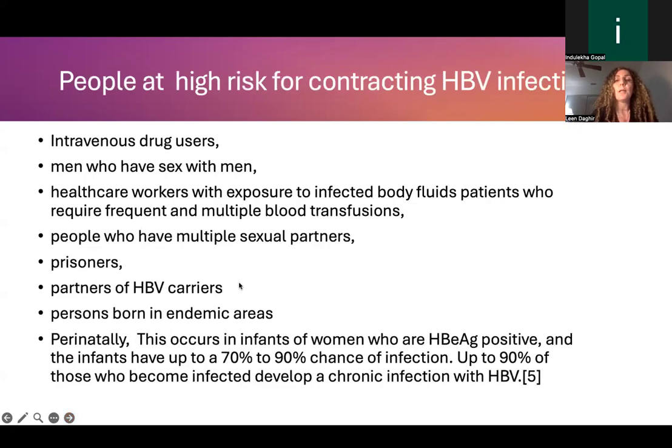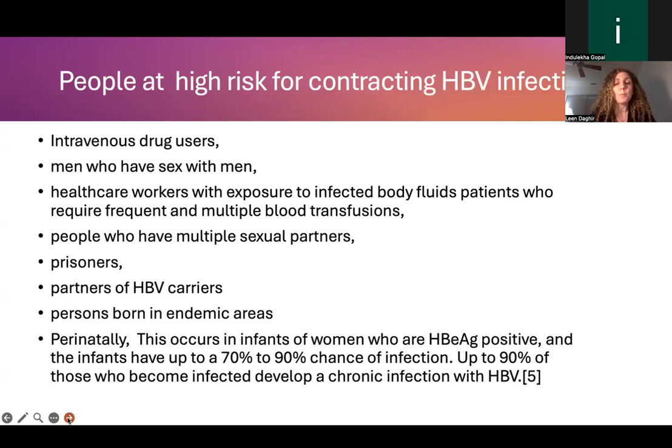So who are the people at risk of contracting hepatitis B infection? People who use intravenous drugs, men who have sex with men, healthcare workers, prisoners, partners of hepatitis B carriers, people who have multiple sexual partners, or people in endemic areas.